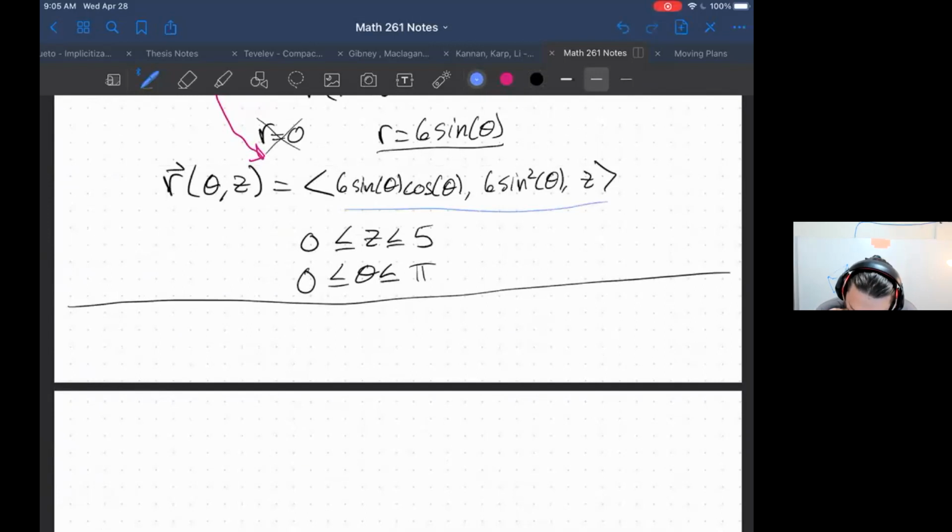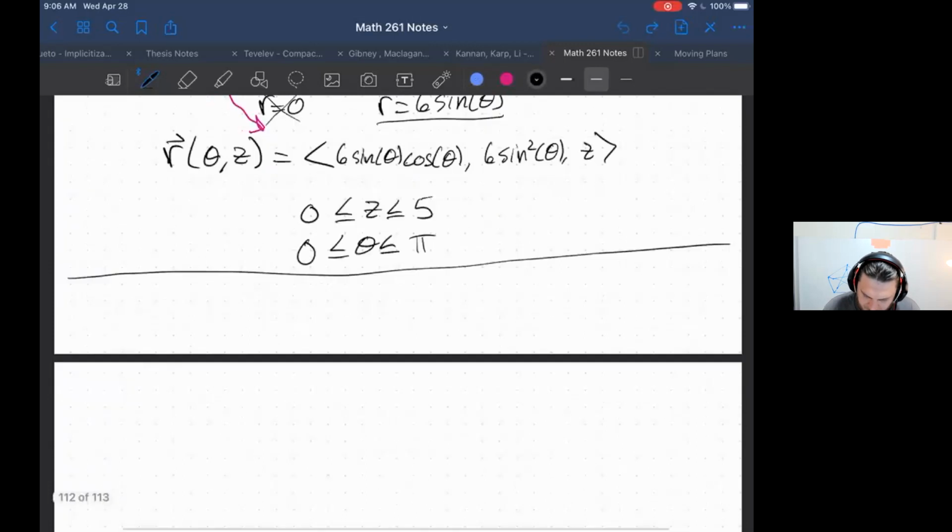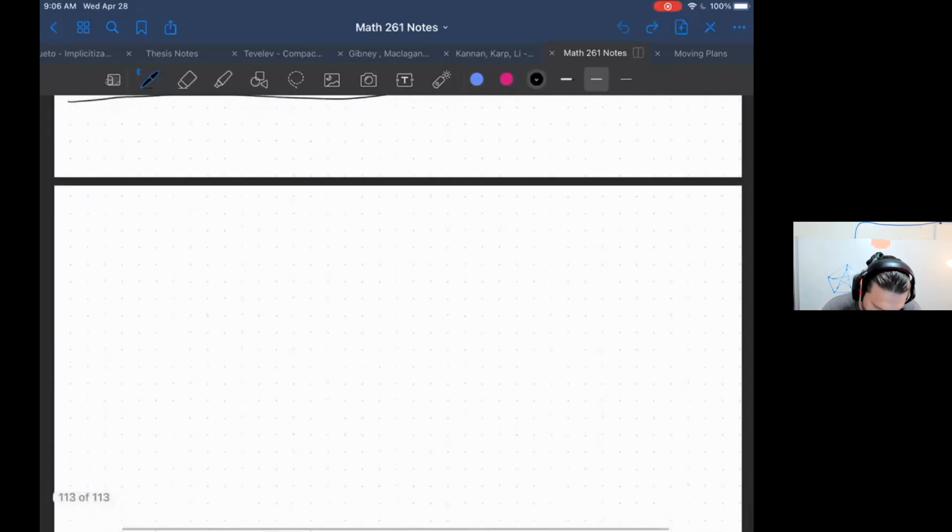I think it'll be fine, because we have thetas only in these two components and then z in this component, and so there's going to be a good amount of zeros here. But maybe we'll skip this and do another example, just so we can see the whole process out in one day.